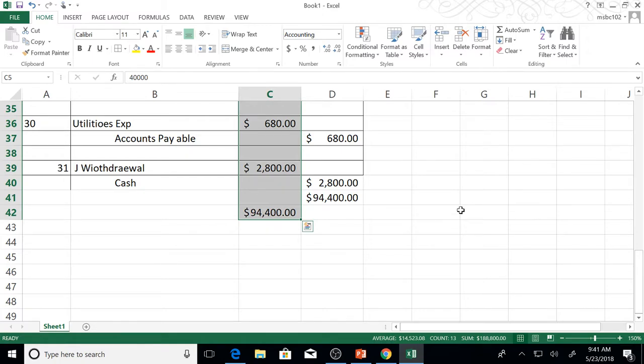Just the balance. On page 56, that's the trial balance. Notice the left side equals the right side.